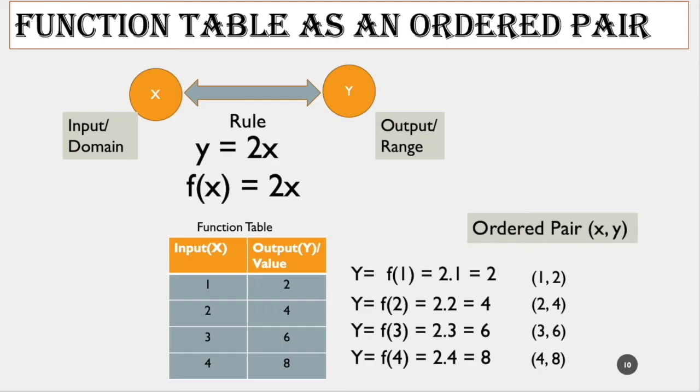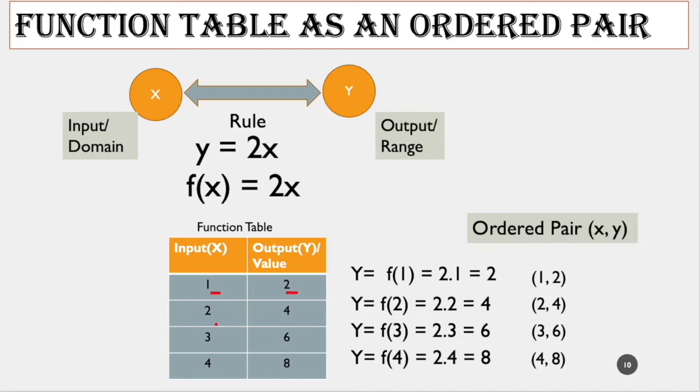If we represent it as ordered pairs, our first ordered pair would be (1, 2), because the x coordinate is the input value for x, and the corresponding output value would be the y coordinate.